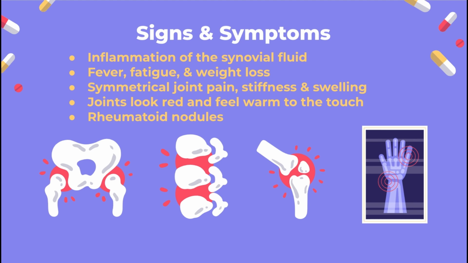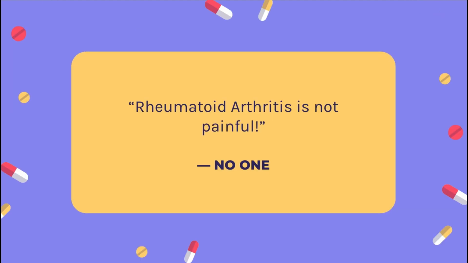The joints are going to look red and feel warm to the touch, and patients can also develop what are called rheumatoid nodules. But most importantly, we want to focus on the pain. Patients who have RA are in a lot of pain, so we really want to focus on pain management.